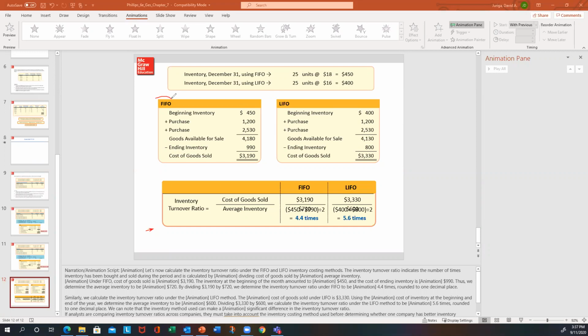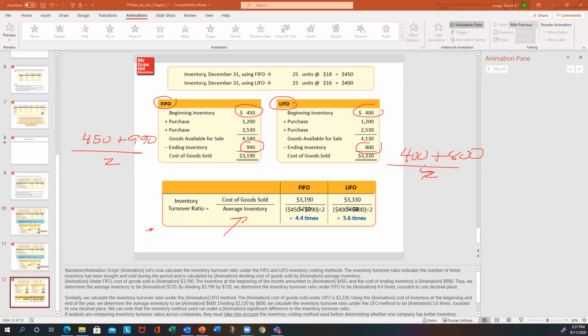If you're looking at FIFO, here's your beginning inventory, and here's your ending inventory. To get this average inventory, you'd take 450 plus the 990 and then divide by 2. And for LIFO, the number down here would be the 400 plus the 800, again divided by 2.